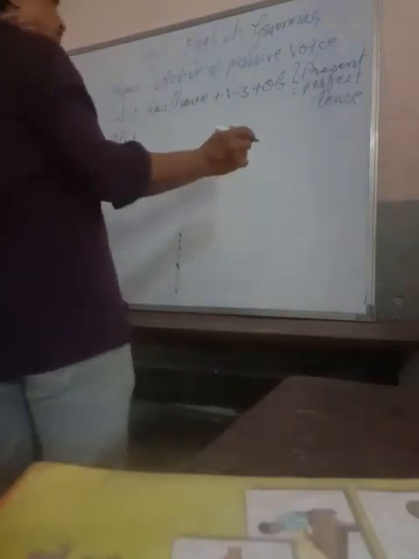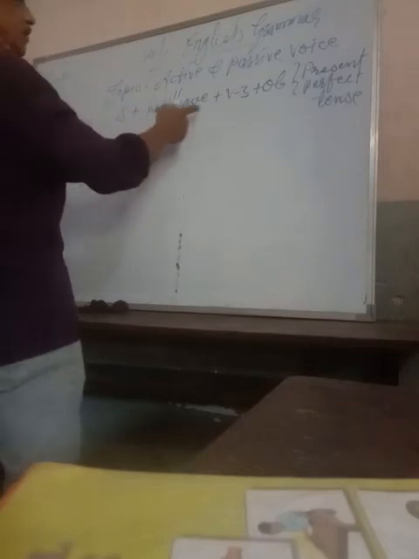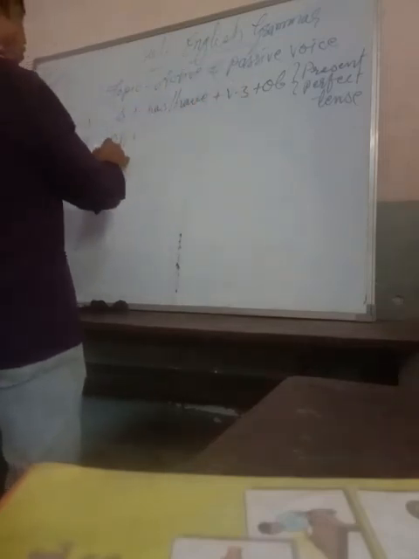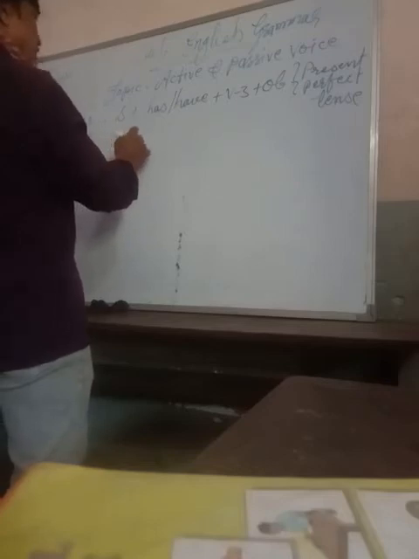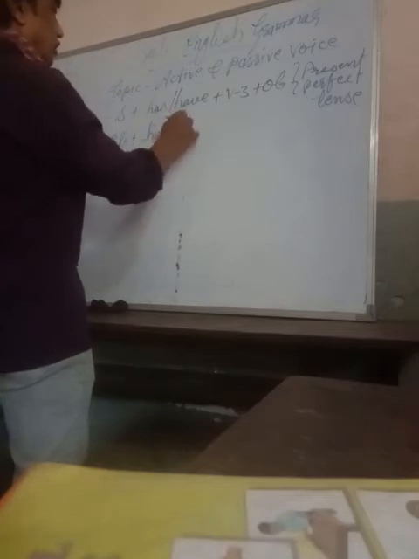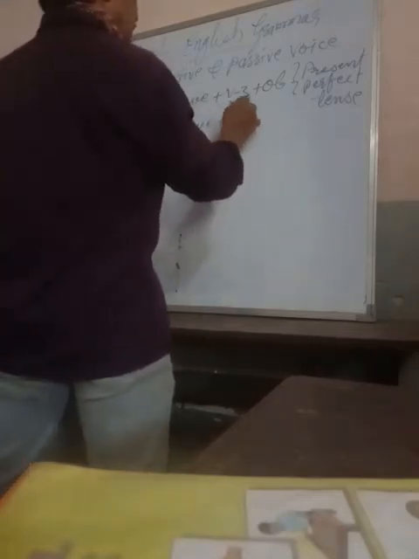Look here now, present perfect tense. And this is the formula of AV: subject plus has/have plus V3 plus object. Now the object comes first in the PV. Passive voice formula: object plus has/have plus been.